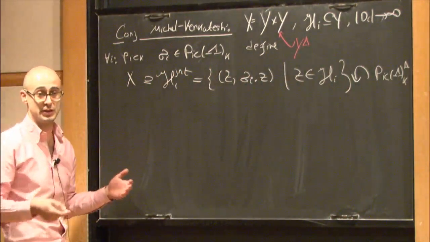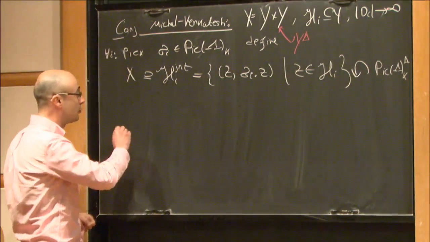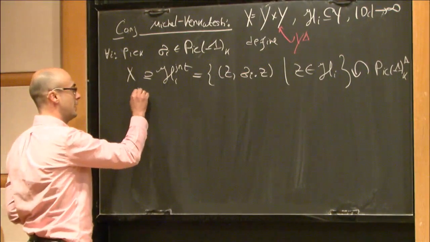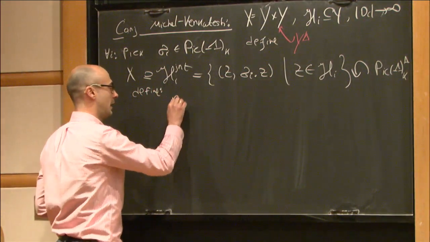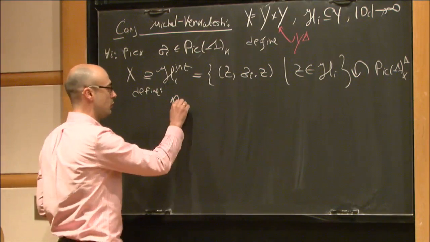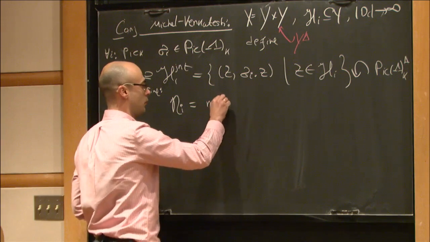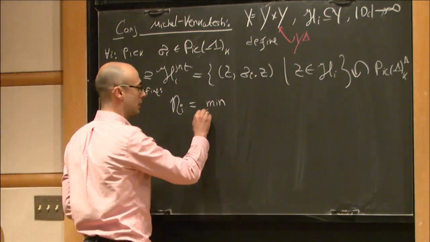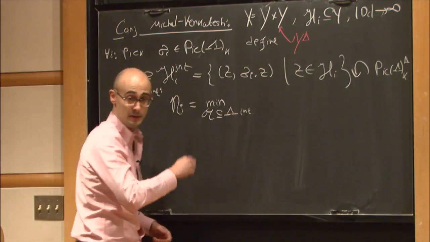So you need some condition to say that this sequence is generic enough. We are going to state it in a slightly weird form at the beginning. So you define this quantity N_i. What you're going to do is take the minimum over all integral ideals, integral and invertible.